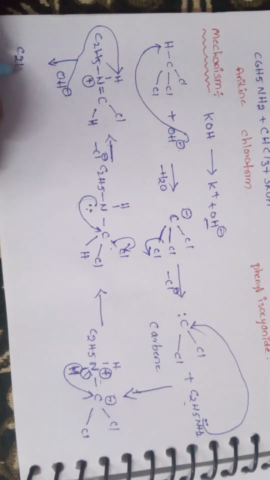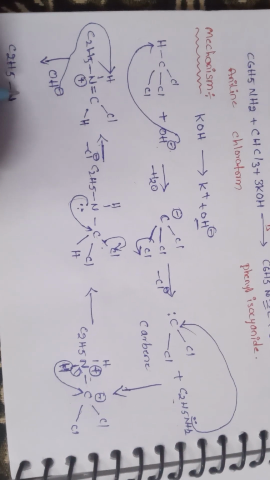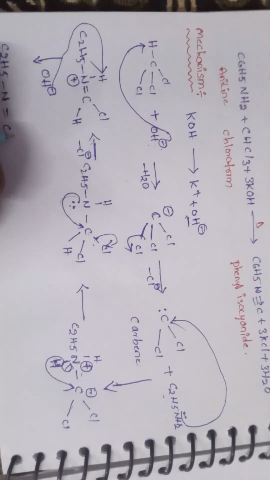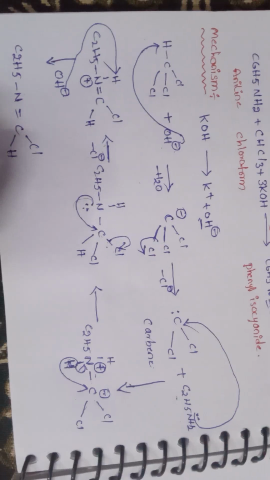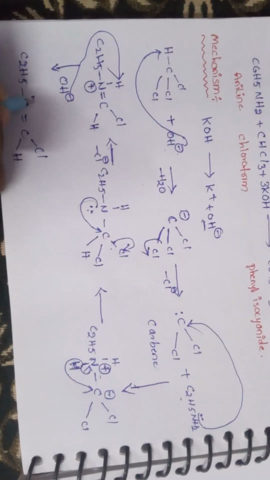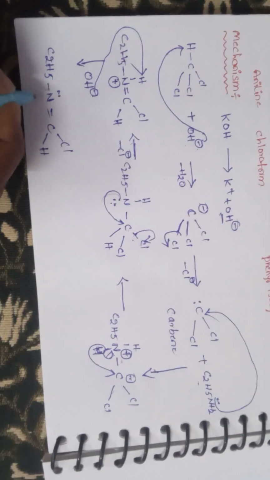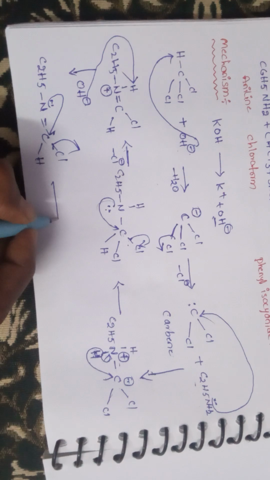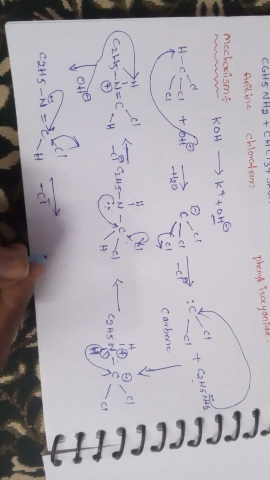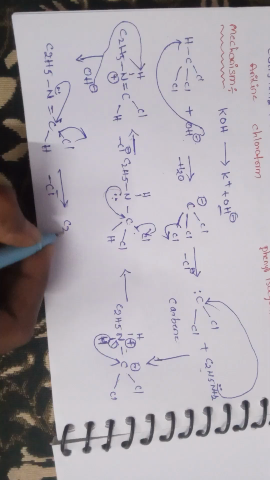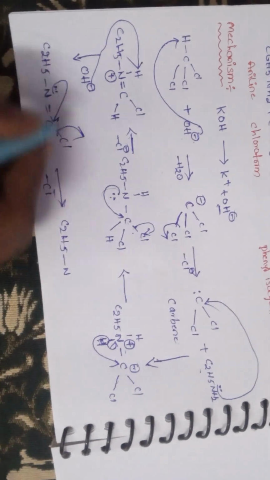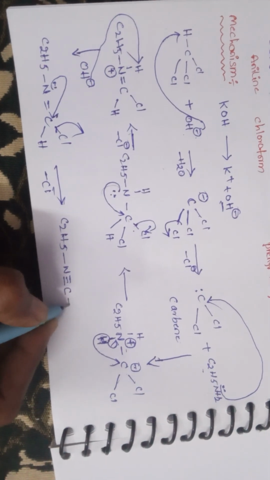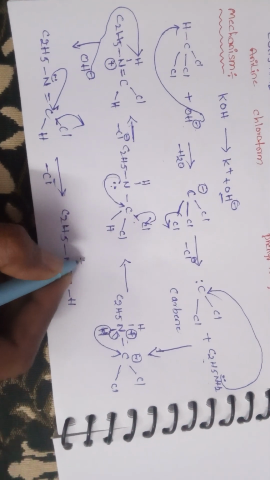Then we write C2H5 nitrogen with double bond carbon, chlorine and hydrogen. Nitrogen has a lone pair, and this lone pair reacts with carbon with removal of minus chlorine. Now C2H5 nitrogen, another bond is formed, a triple bond, with hydrogen, and carbon gets a positive charge.